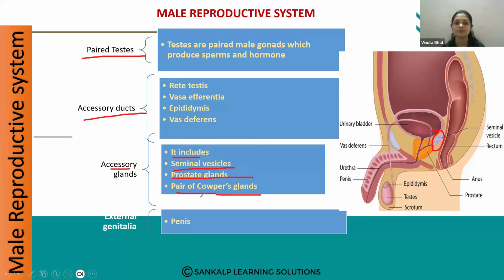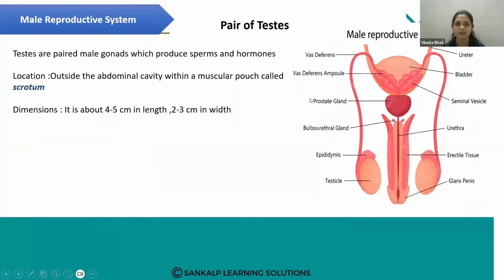These are the accessory glands present in the male reproductive system. And the external genitalia is the penis. These all constitute the male reproductive system. We have to study the functions of the testes, accessory ducts and accessory glands; that is very important.